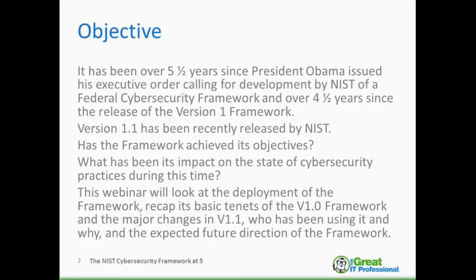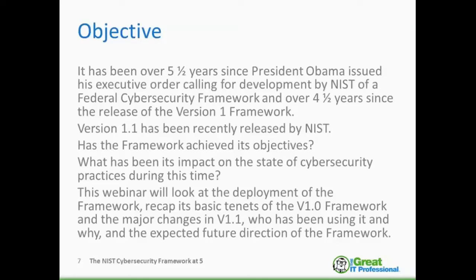So today we're going to do a little bit of recap on the cybersecurity framework, and for people who may not be deeply familiar with it, we'll go over a little bit of what was in version 1, what were the features and capabilities that they put into the framework.